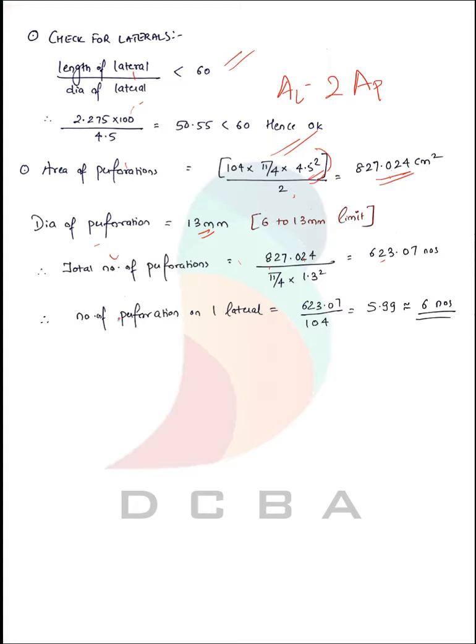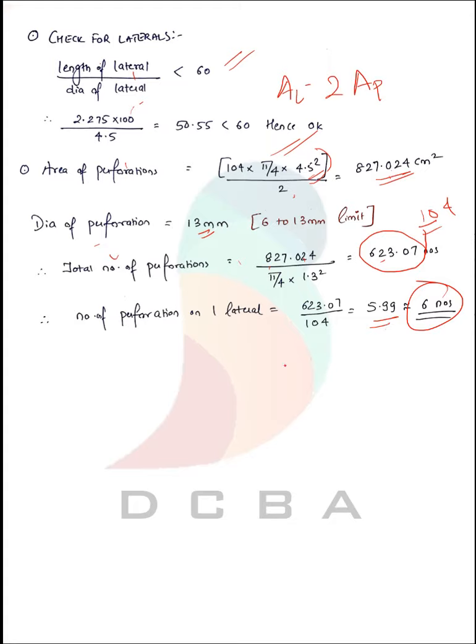These are the total number of perforations on all the laterals, that is all 104 laterals. So how many perforations on one lateral? 623.07 divided by 104, you get 5.99, which is equal to 6 number.